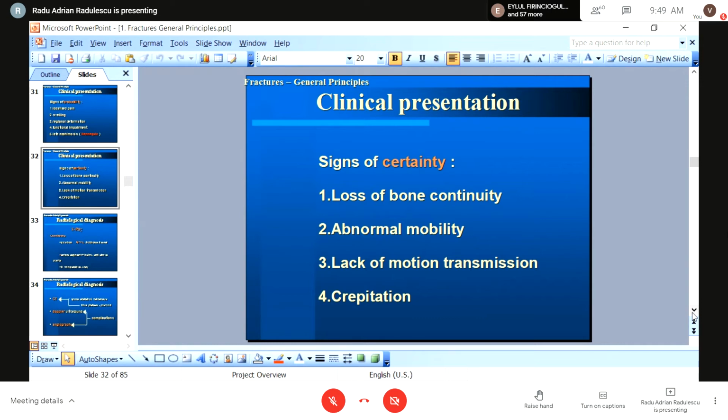So we'll be able to angulate the two fragments one to another, which is of course impossible in an intact tibia.